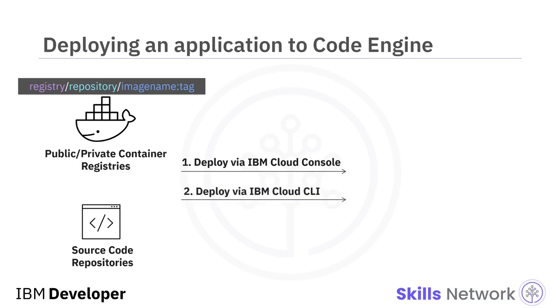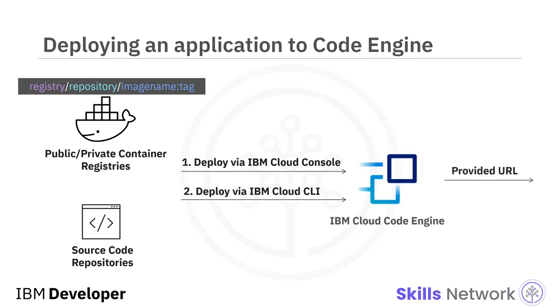If you are familiar with the Command Line Interface, or CLI, and want to perform more precise deployment, you can choose IBM Cloud CLI to create and deploy the application. And then, after your application has been deployed on the Code Engine, the engine will provide an endpoint URL of your application, which can lead to the main page of your application or the entry endpoint of your microservice.